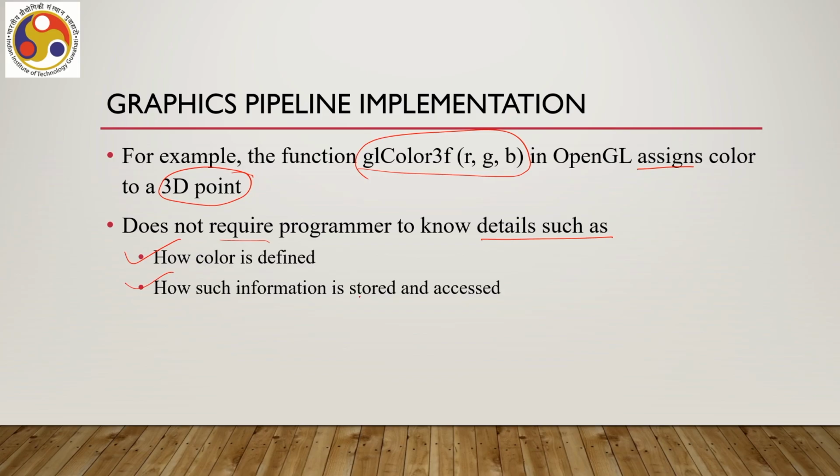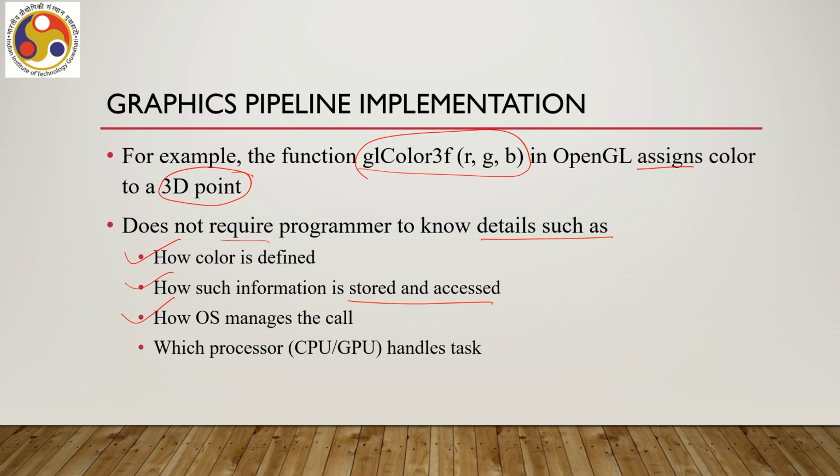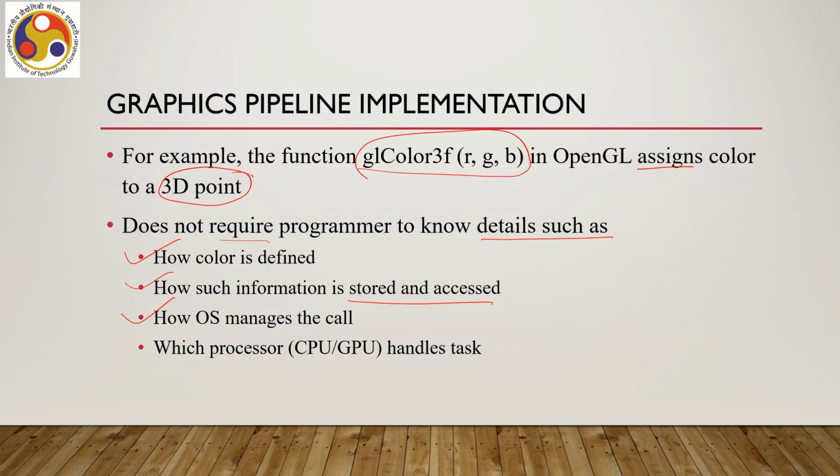How such information is stored and accessed, what kind of hardware support is provided to store it in the form of memory organization, what kind of instructions are provided to access that content of the memory, how the OS manages the call to that memory. All these details are not needed to be known by the programmer to assign color to a point if the programmer chooses to use a library.